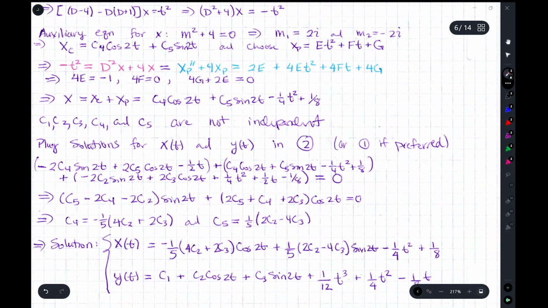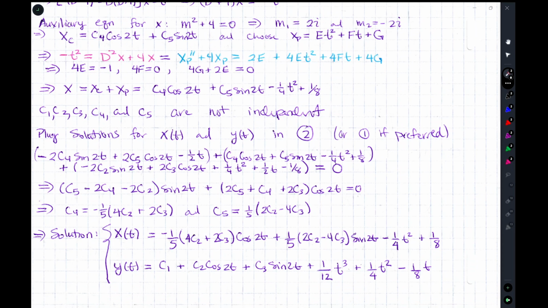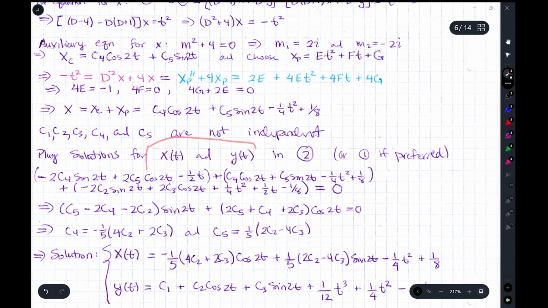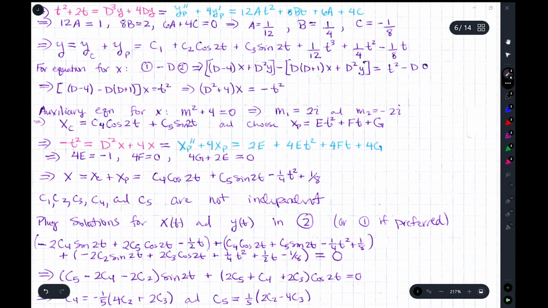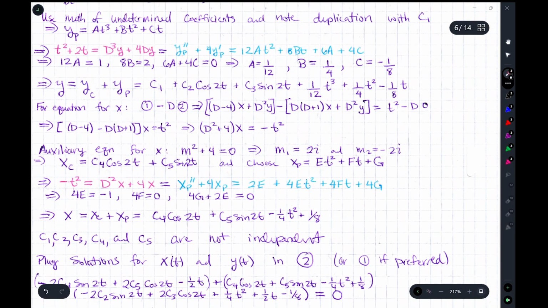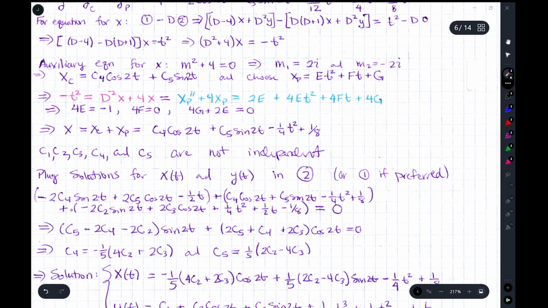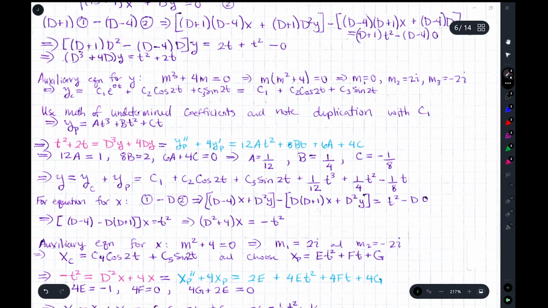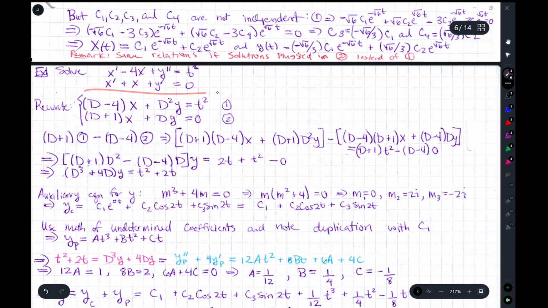Okay, and so we're going to figure out the dependence between these constants. So we do that. We're going to take the solution for x, which is this, and the solution for y, which is this. And of course it gets messy, but you plug them into, say, 2.